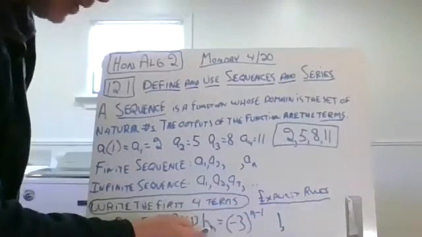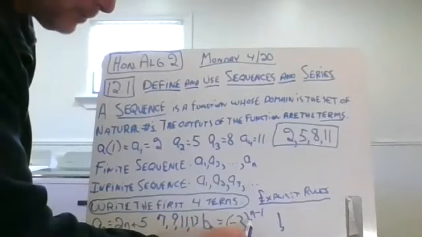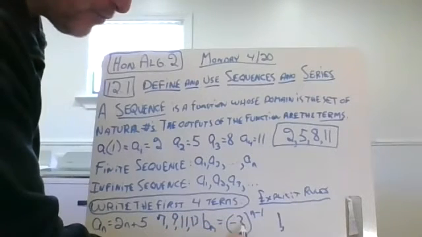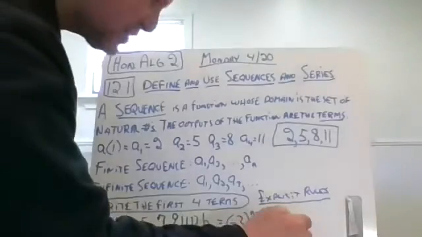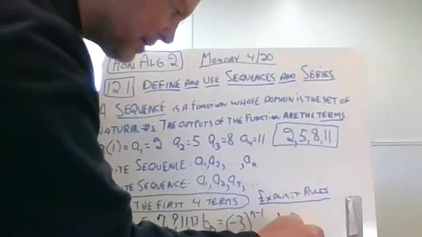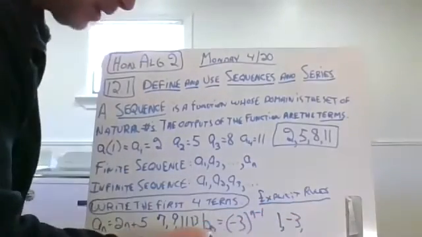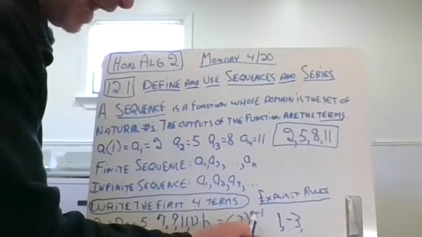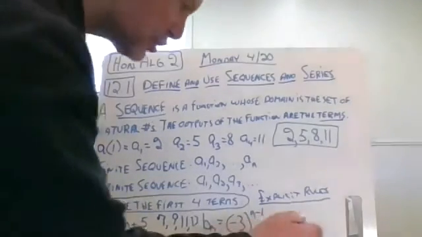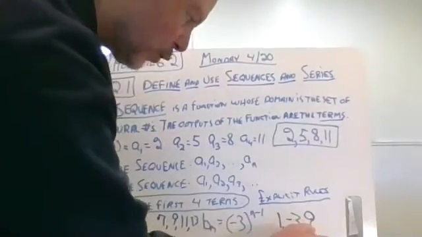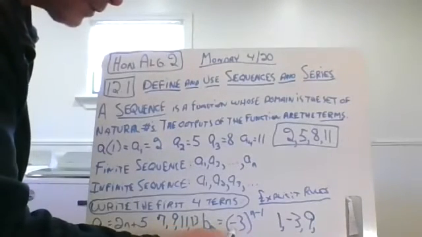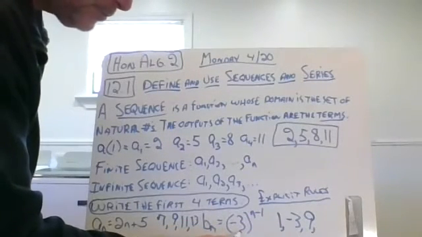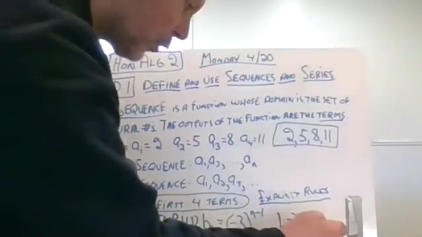What is b sub 2? Negative 3 to the first. It's negative 3. What is b sub 3? Positive 9. Negative 3 squared. And what is b sub 4? Negative 27.